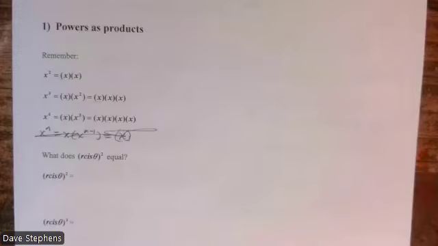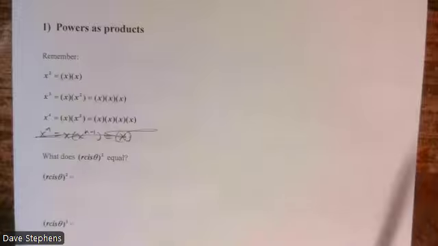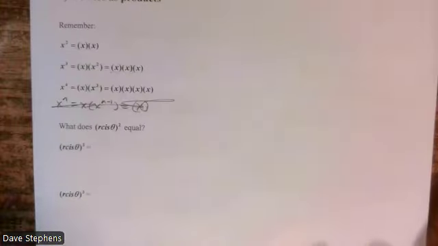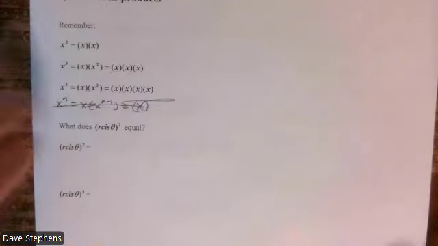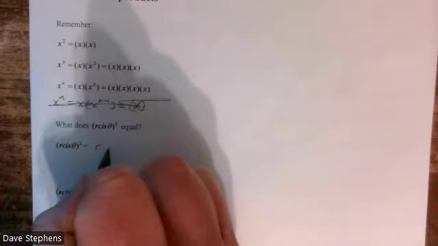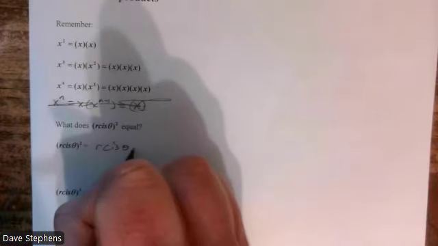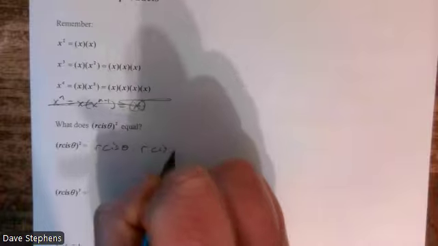So it says, what does r cis theta squared equal? Which I think is really pretty cool, kind of a neat thing to think about. It would have to be r cis theta times r cis theta.